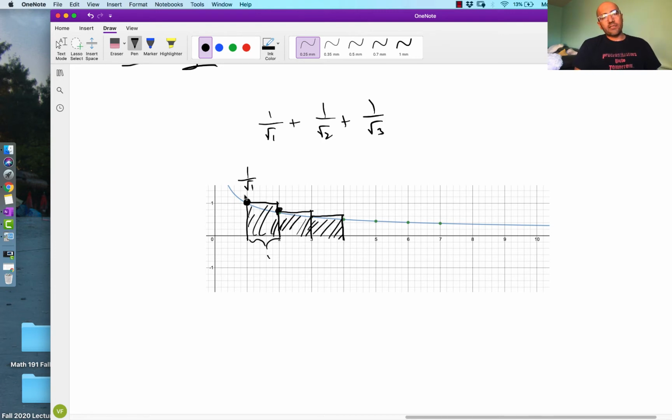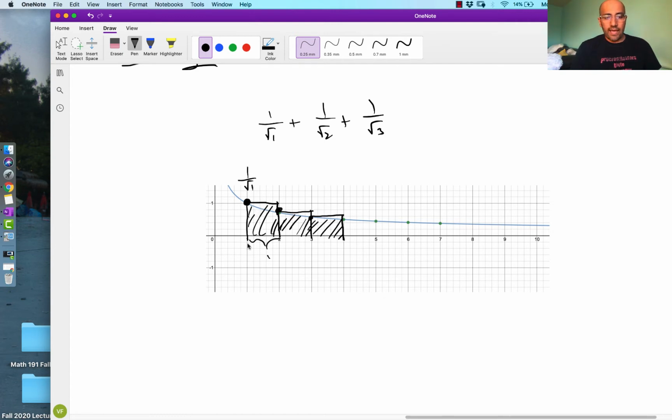Okay, so because this function is decreasing, always positive, like this, it means that if I create rectangles in this fashion, left endpoint rectangles, now the rectangles are always going to go slightly above the blue function.